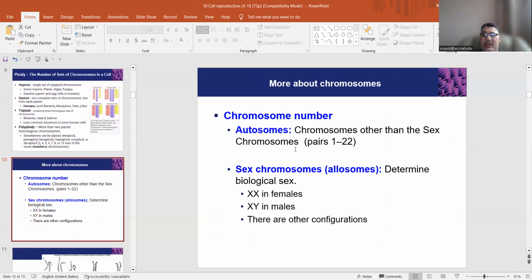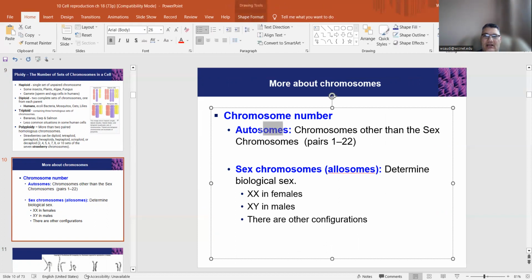So out of the 23 pairs that I talked about, from 1 to 22, we call them autosomes, which is somatic cells. Auto is the same as somatic. So autosomes are the somatic chromosomes.